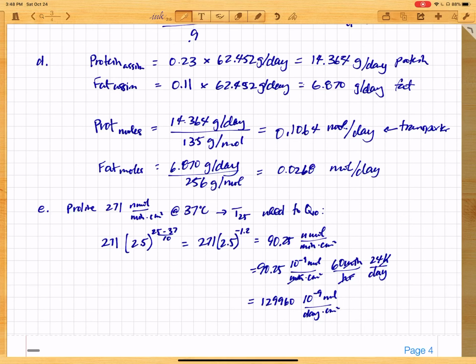And so then, let's see, how many can we take off of this minus 9? 1, 2, 3, 4, 5. So we can take off 5. So it's 1.2996 times 10 to the minus 4 moles per day centimeters squared. And that's our transporter rate.